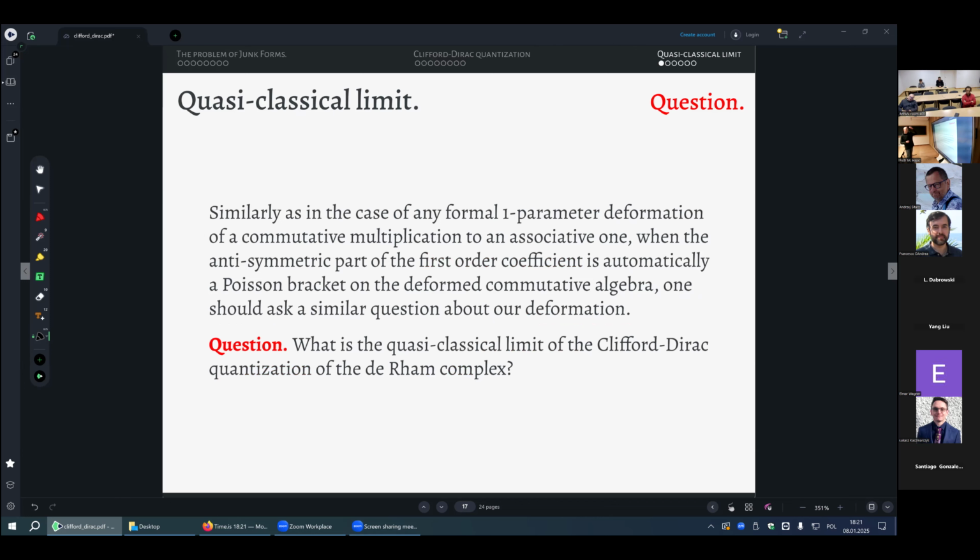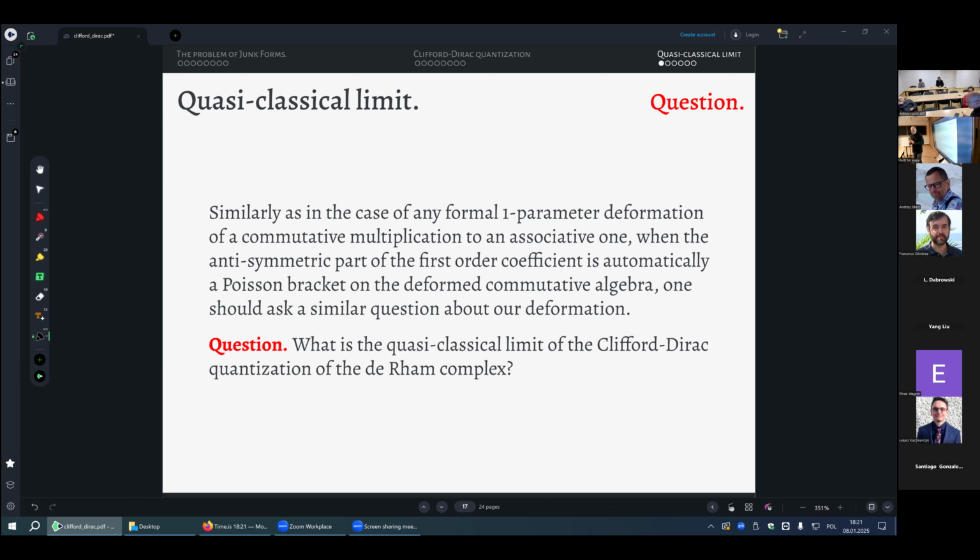Now, knowing that in the classical limit we have something classical, you could ask, what is the quasi-classical limit?